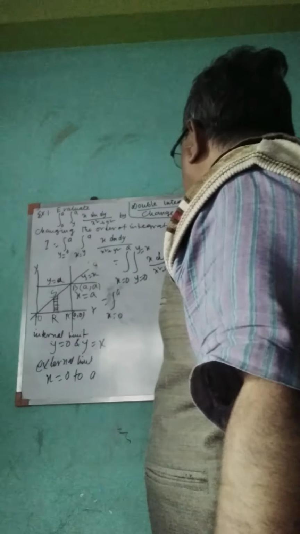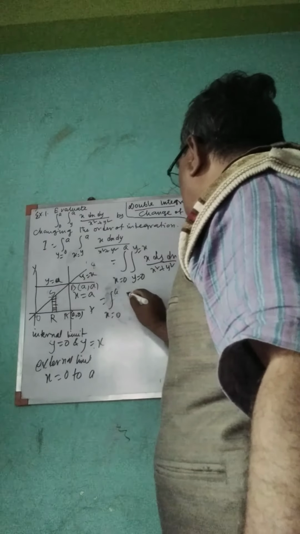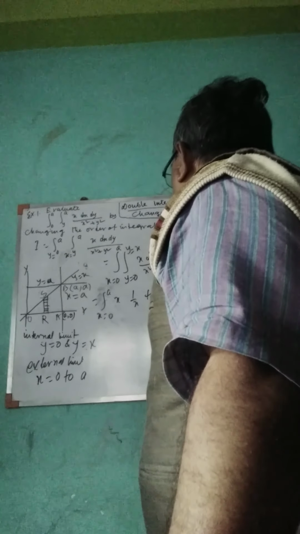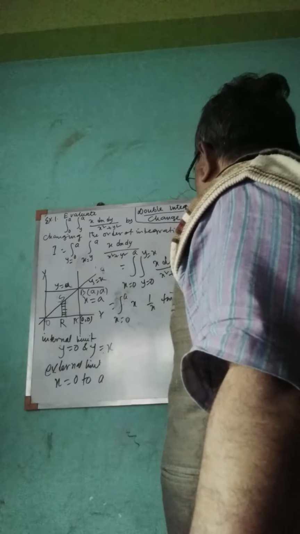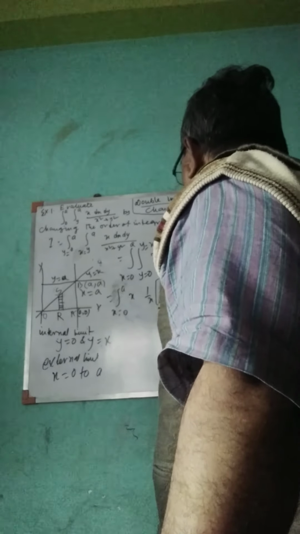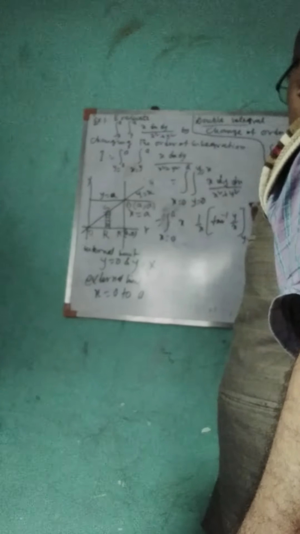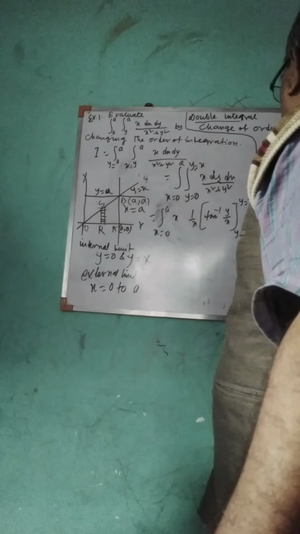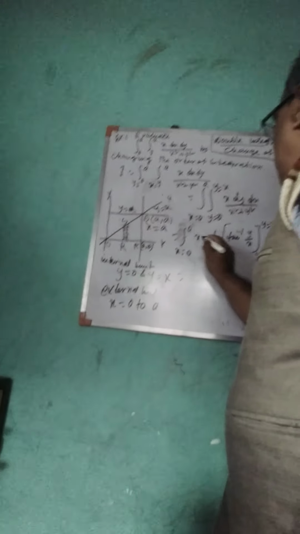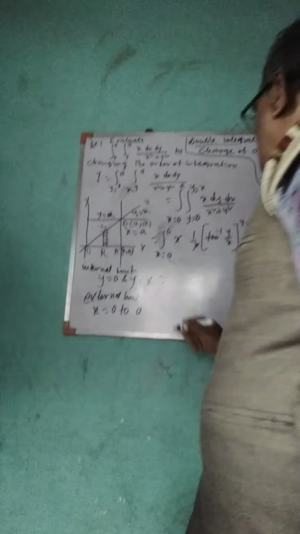With respect to y integration first, x is constant, so 1 by x tan inverse y by x, from y equal to 0 to y equal to x, dx. Now this x gets cancelled.